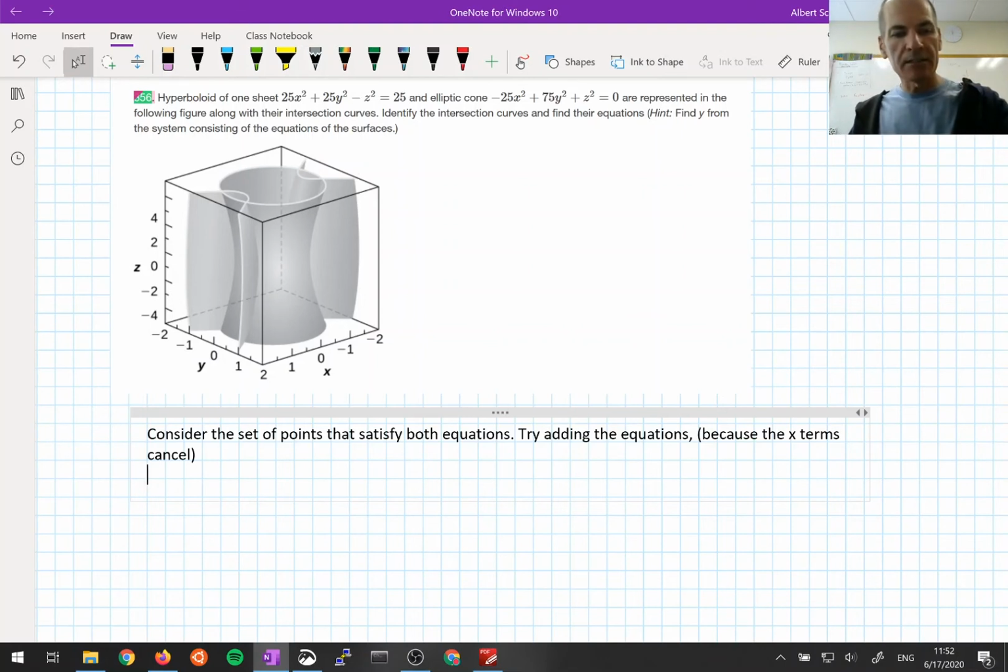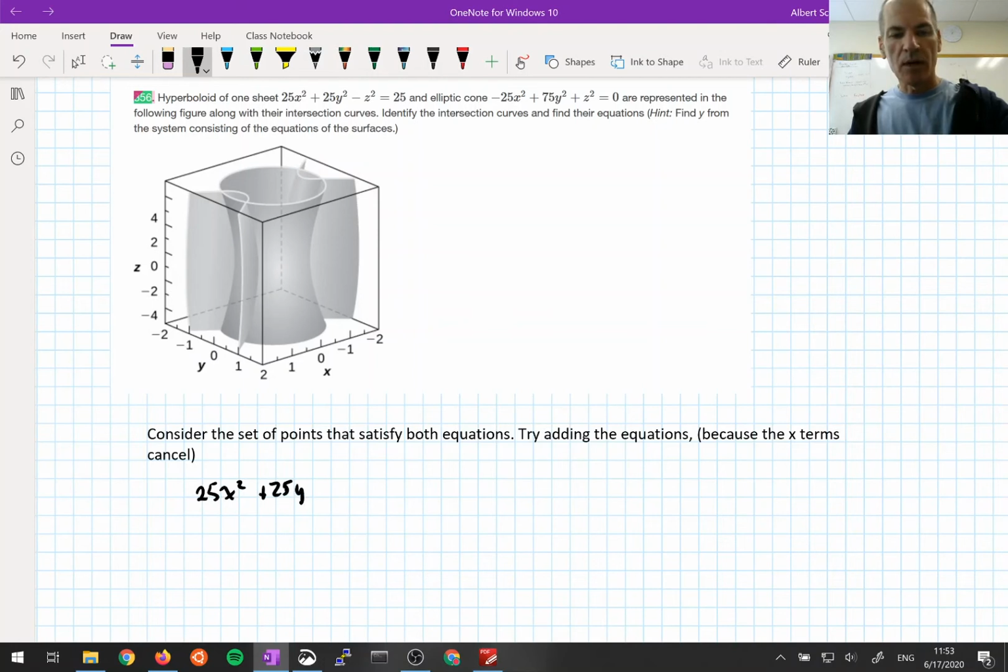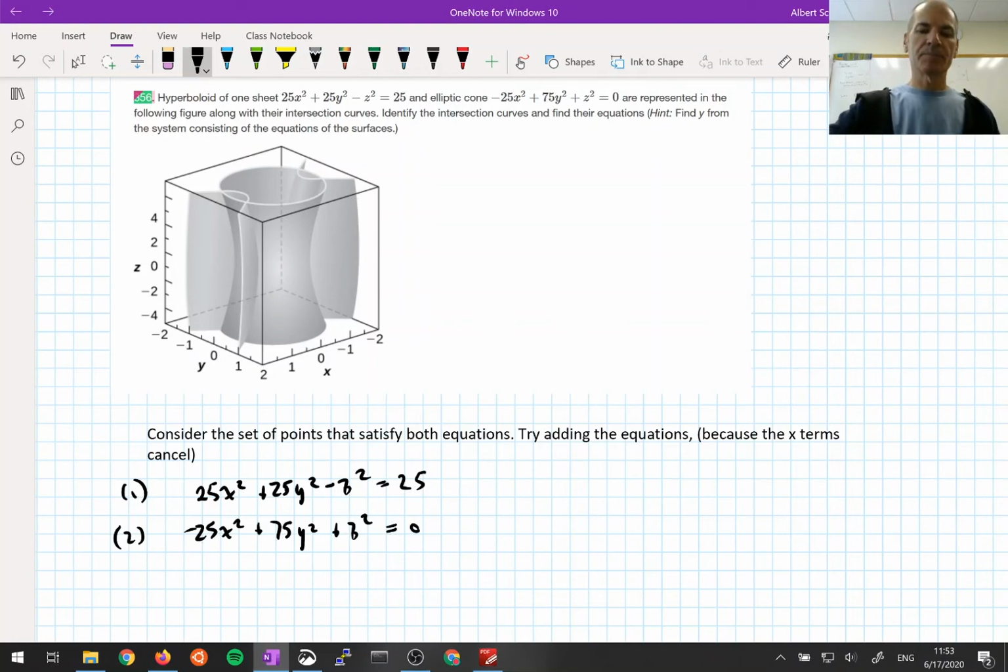If we do that, what we're left with, in fact, I guess I'll write out the whole thing. 25x squared plus 25y squared minus z squared equals 25. That's the first equation. And the second equation is negative 25x squared plus 75y squared plus z squared equals 0.